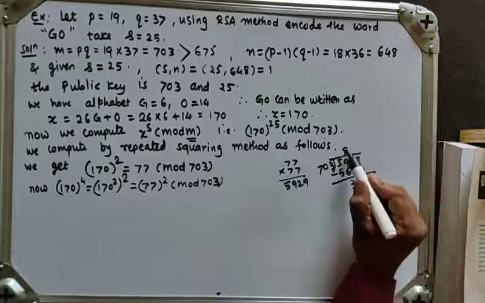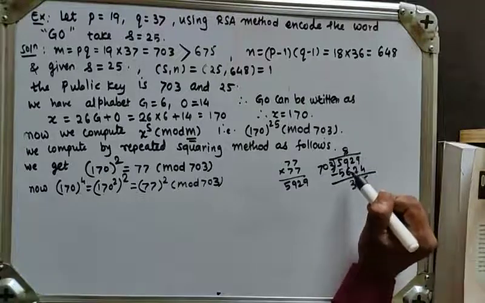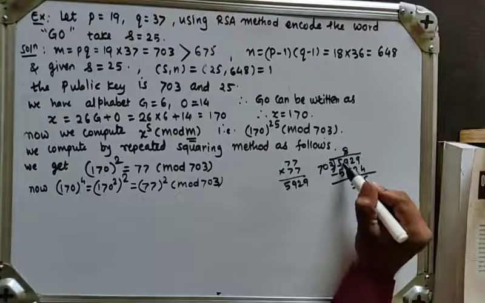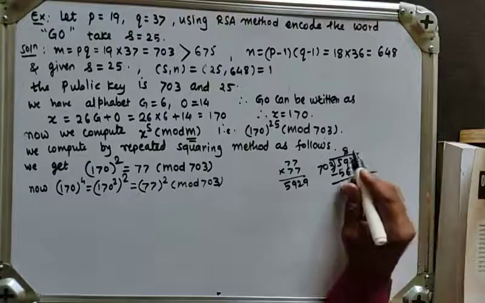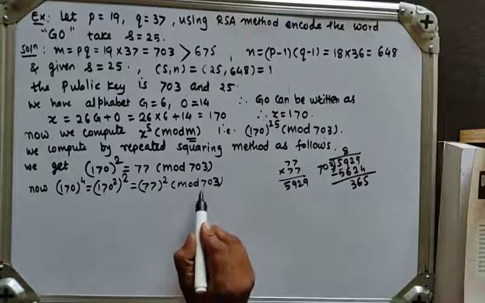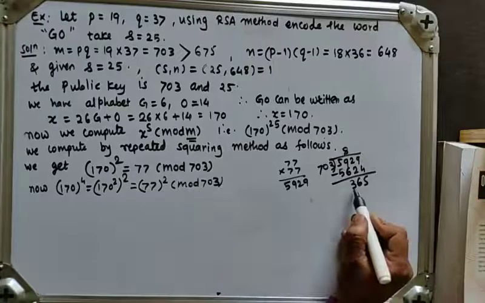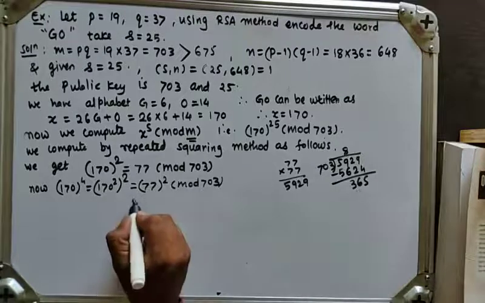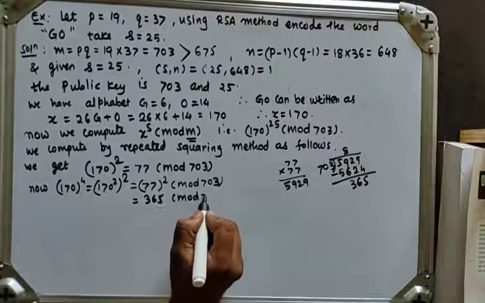If I take a quotient greater than 8, the remainder will be negative, but we want the remainder to be positive, lying between 0 and 702. So here the remainder is 365, so we get 365 modulo 703.